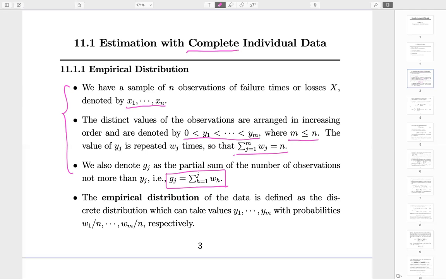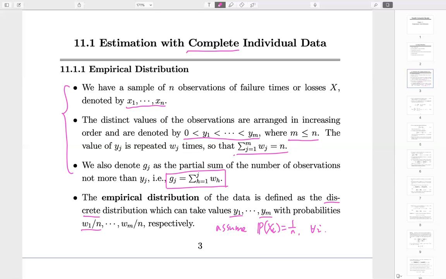The empirical distribution of the given data is defined as the discrete distribution which takes values y1 to ym with probabilities wi divided by n. So for the empirical distribution, you pretty much assume all the observations have equal probability, and because we have n observations, each one must have probability 1 over n.